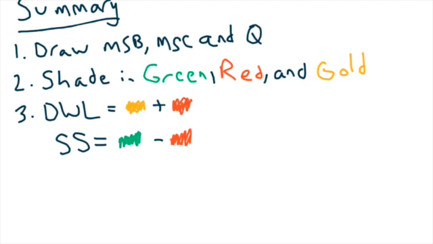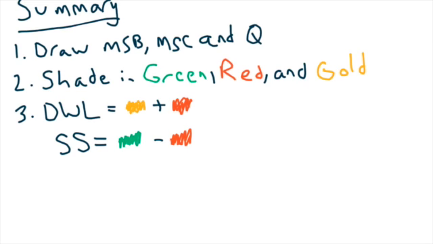Ignore prices, ignore supply, ignore demand, ignore that 1,001 little dashed lines you drew in to kind of organize yourself when reading that graph. And now that you have a simple graph, shade in green where MSB exceeds MSC for the stuff you produced, shade red where MSC exceeds MSB for stuff you produced, and shade gold if there's stuff that you should have produced that you didn't. So where benefits exceed costs, but you just didn't actually build it.